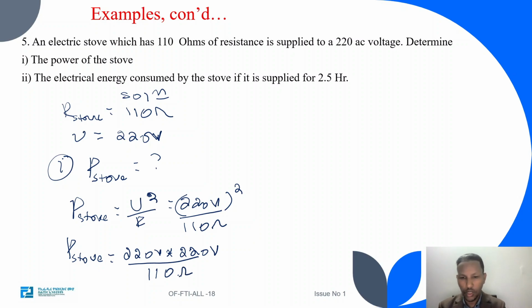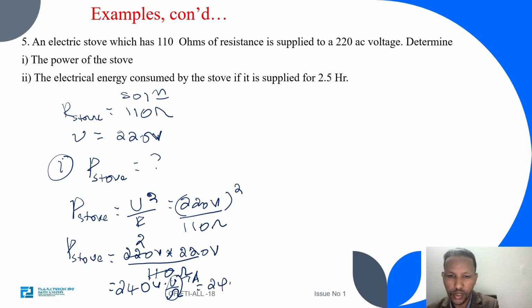So this will be cancelled, which is 2 times 220, which is 440 volt times volt over ohm. You know that this expression, volt over ohm, is ampere, so 440 volt times ampere, volt ampere, it is watt. So we have 440 watt. This is how we can determine the power of the stove.